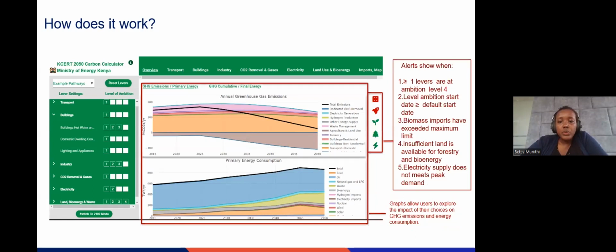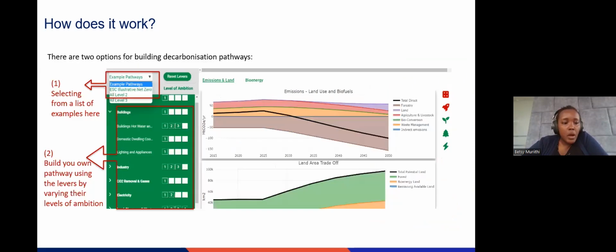So how do you build your scenarios or your decarbonization pathways? You have an option at the top of the pane. You can select example pathways or the illustrative net zero pathway.